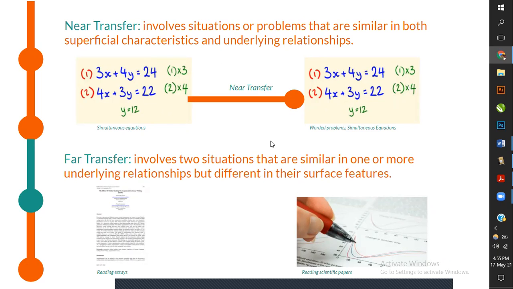Far transfer involves two situations that are similar in one or more underlying relationships, but different in the surface features. For example, in reading essays, all that English knowledge would help you when you transfer that knowledge into reading scientific papers. The reading is constant. You have to read, right?